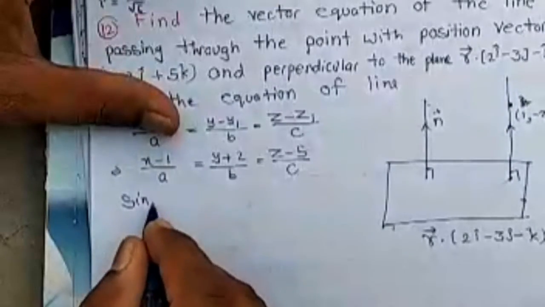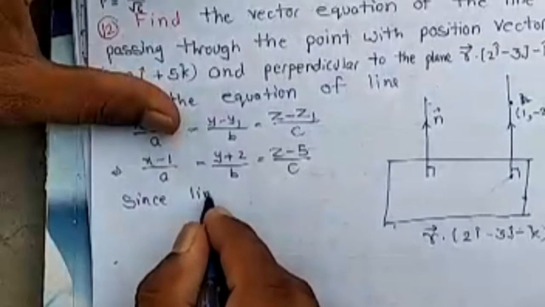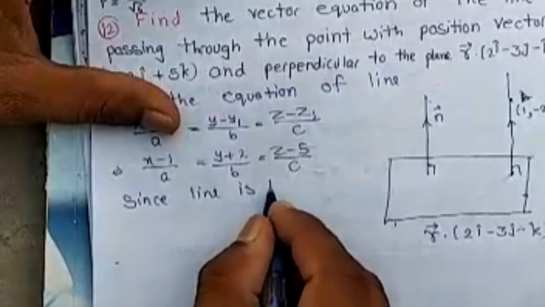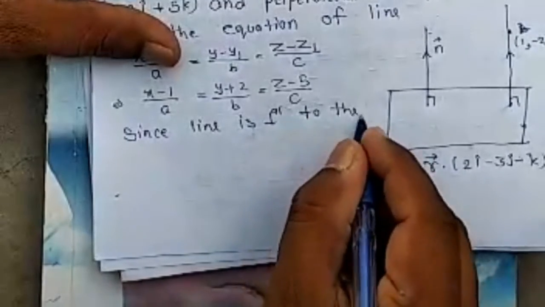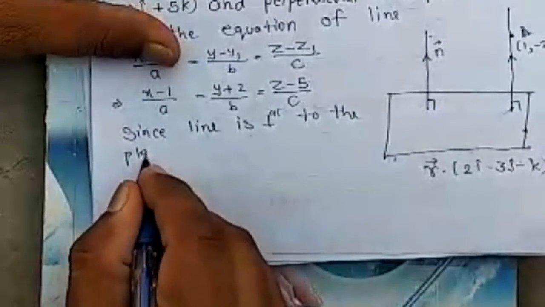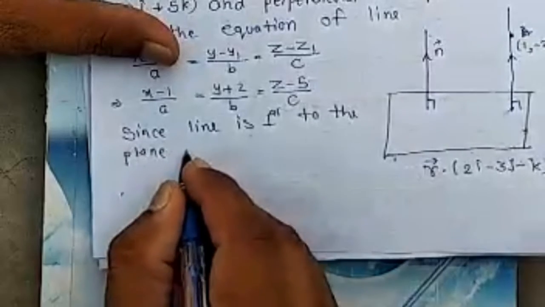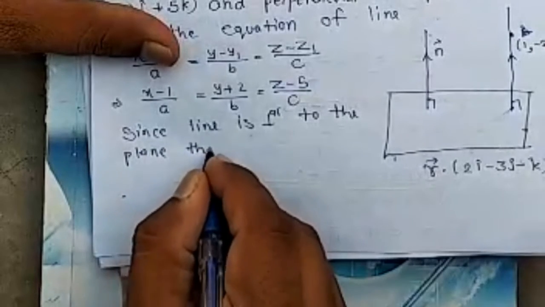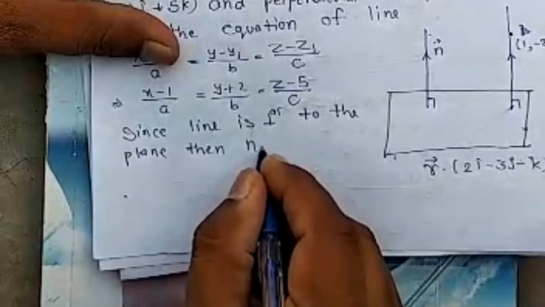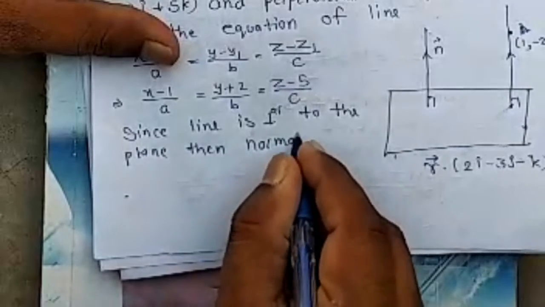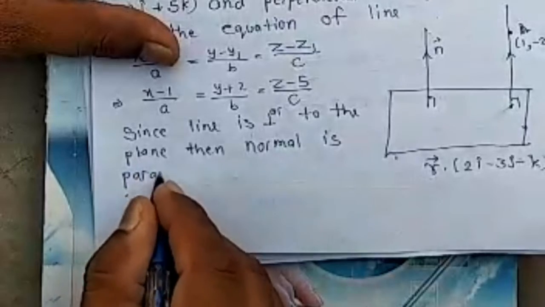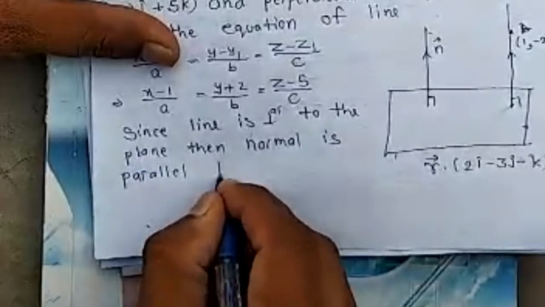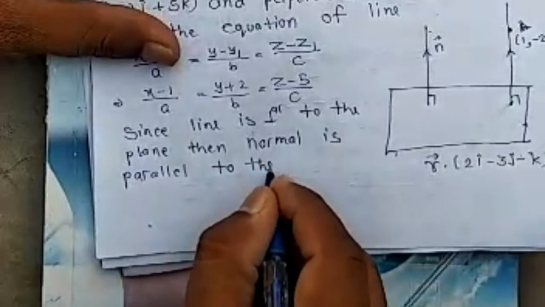Since the line is perpendicular to the plane, then the normal is parallel to the line.